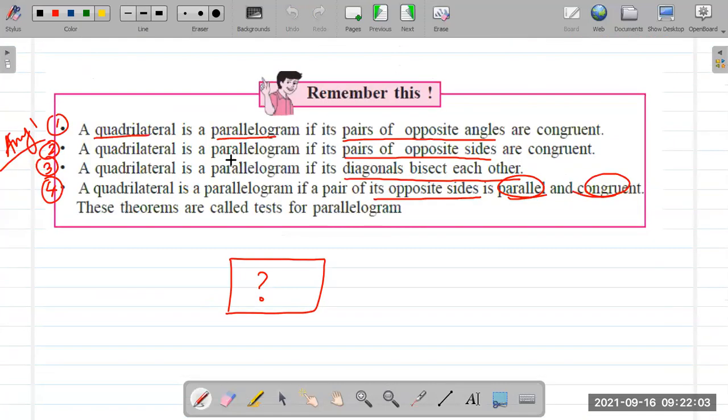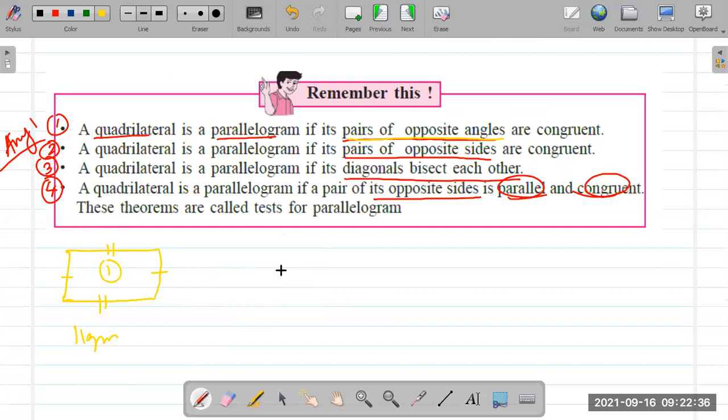All right, so these are the four additional properties which can be used to prove that a given quadrilateral is a parallelogram. The first property says, given a quadrilateral like this, if we are given that both pairs of opposite sides are congruent, then we can say that it's a parallelogram.